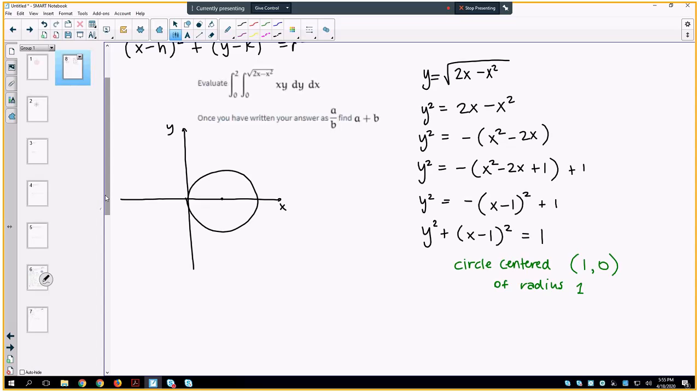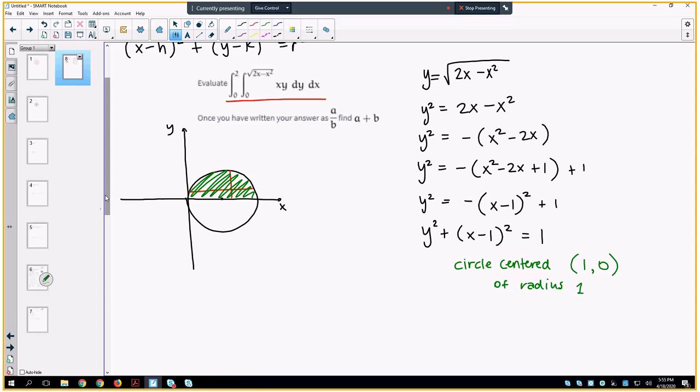I'm told that here my y is running from 0 to that, and my x is running from 0 to 2. So it looks like this is my region of integration.